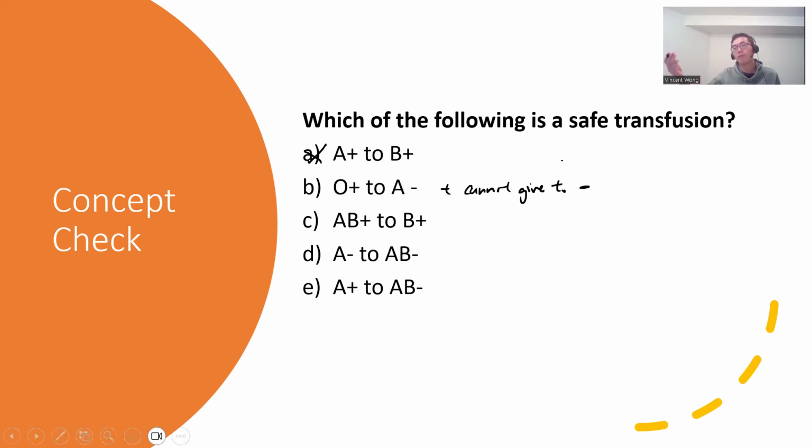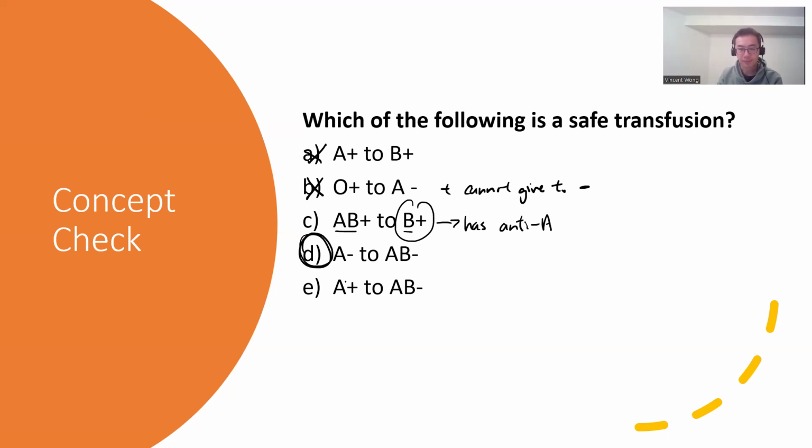Like we want to avoid sensitization if possible. So this is not safe. AB to B. AB cannot give to B because the B person has anti-A. This person has anti-A. It will attack the AB. Not safe.